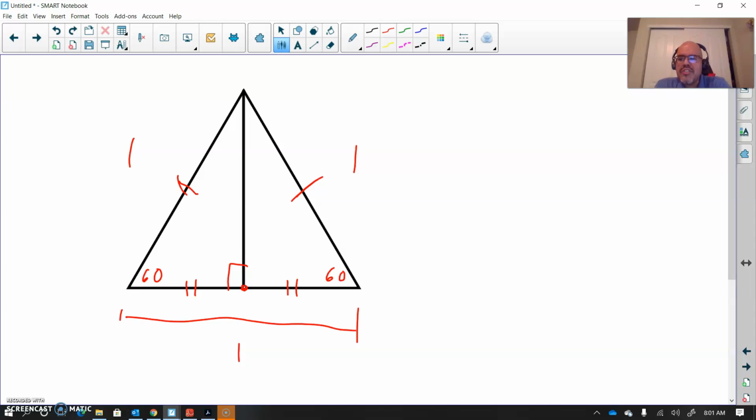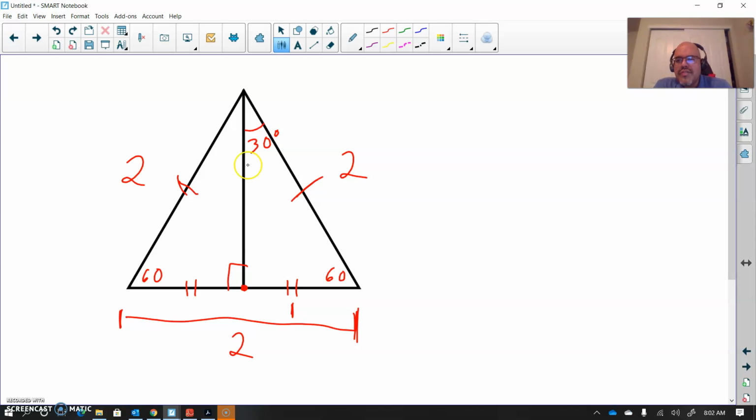Whatever happens right here, this distance from here to here, and let's go ahead and change the measurements because this actually works a little bit better, is actually halved. So I'm going to call this side 2, this one 2, and this is 2. And 1/2 of 2 is going to be 1. So you can automatically assume that with any triangle like this. Also, this angle, which is originally 60 degrees, is bisected also by this altitude, which is now going to be 30 degrees.